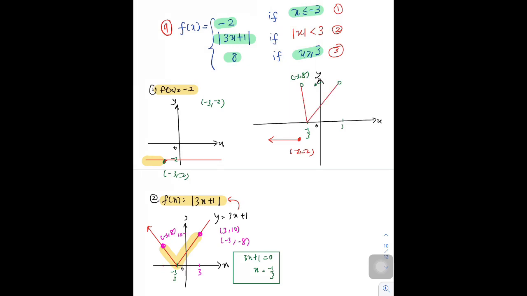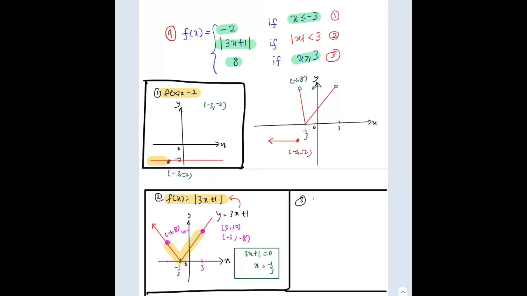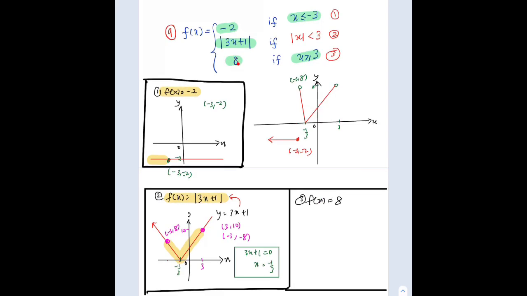Now let's proceed with the third one, the final function f(x) equal to 8. This is just a straight line, a constant function. But we know x must be more than or equal to 3. So the coordinate will be 3, 8. Let's label the line like this, and this is 8.